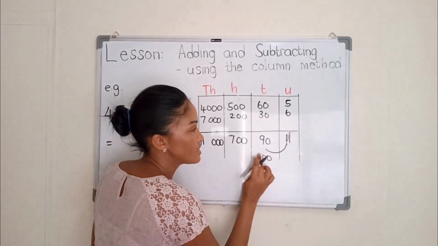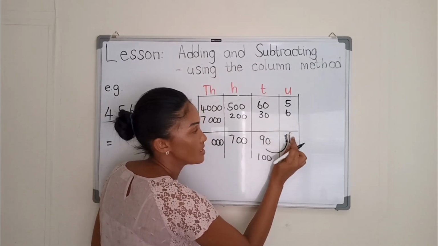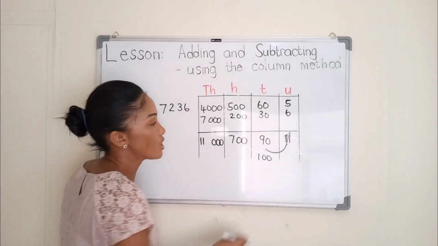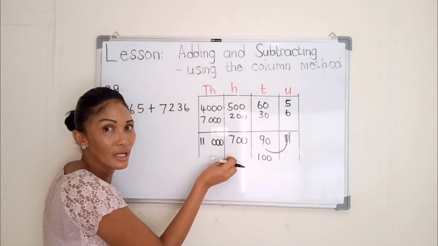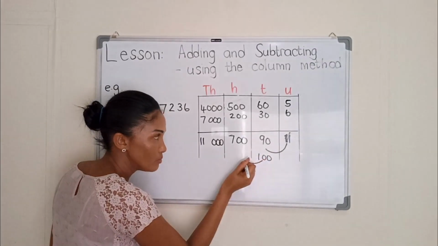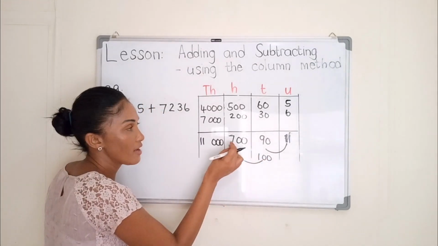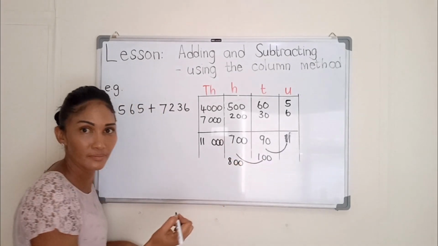So if I take the 10 and I put it here, that means it comes away, there's only going to be a 1 left. So if I take this 100, it's in the 10 column, I need to move it to my 100 column. So I'm going to take the whole 100 and move it to here. So I'm going to have 700 plus 100, which is going to give me 800.